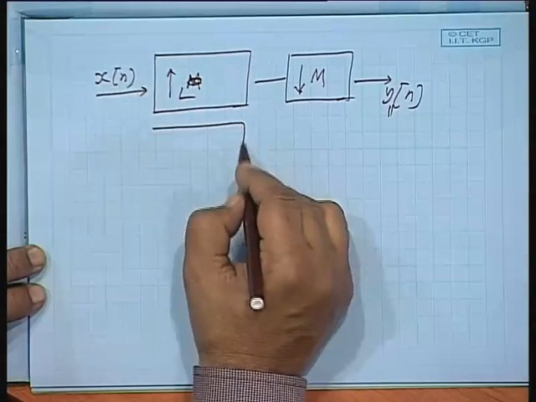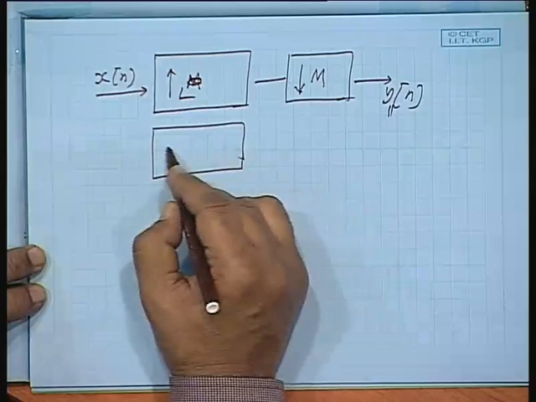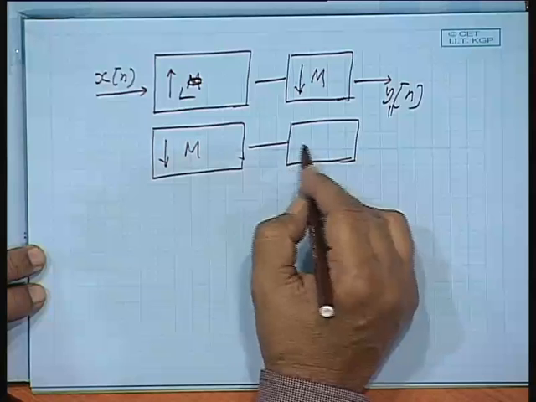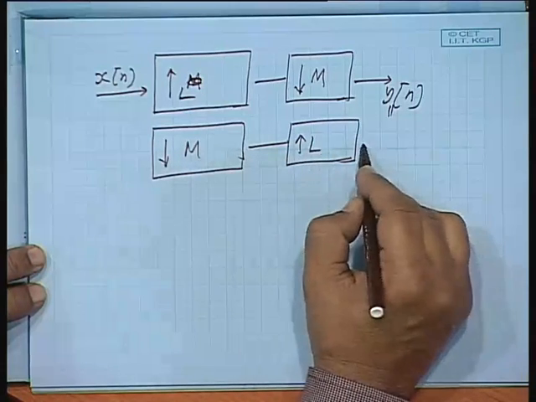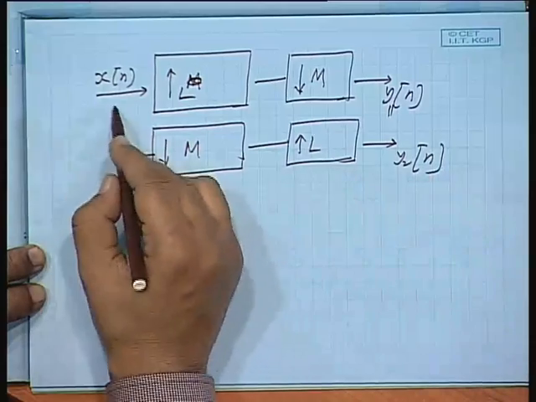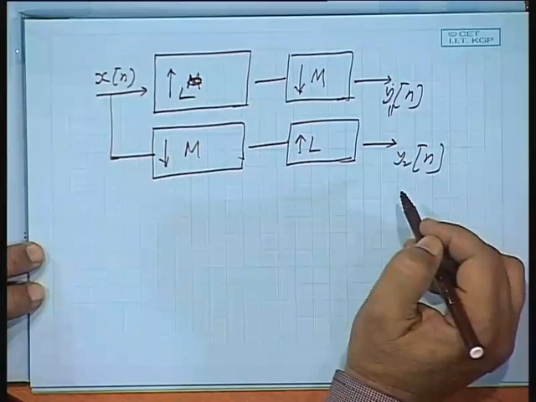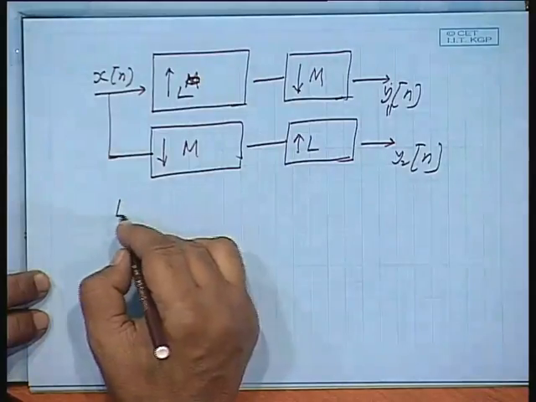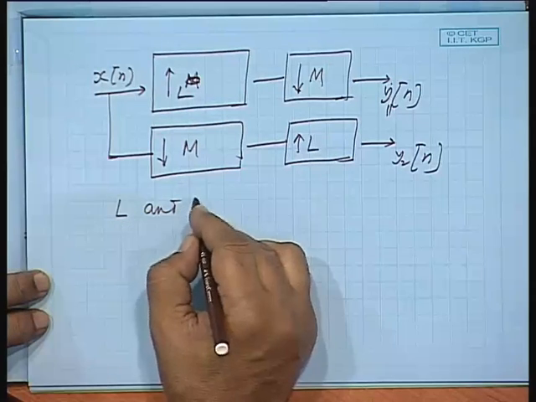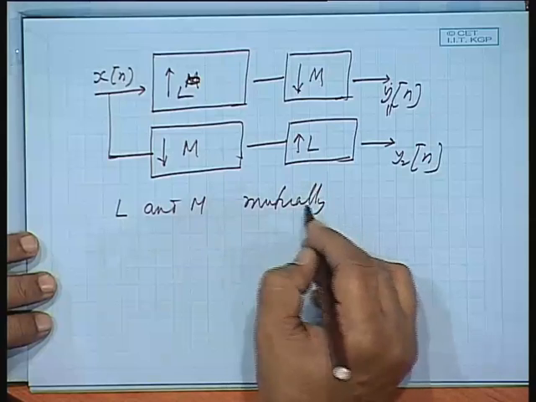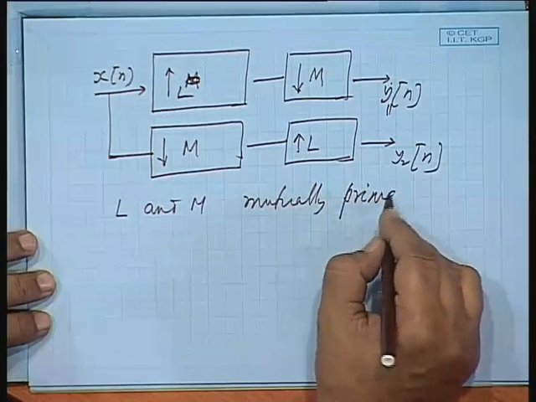Now, I have a downsampler M first and then L, giving y2n. Under what condition will both y1 and y2 be identical? Okay. It can be shown that if L and M are mutually prime, they will be identical.